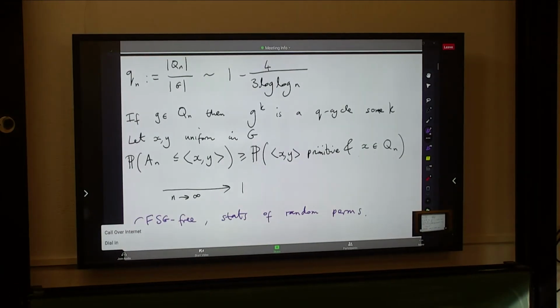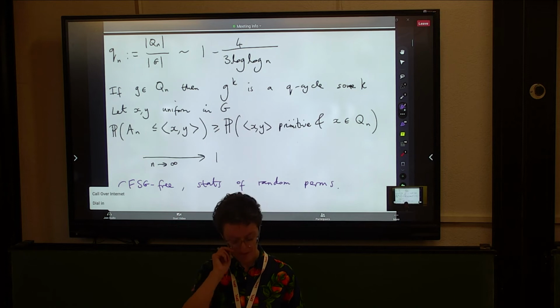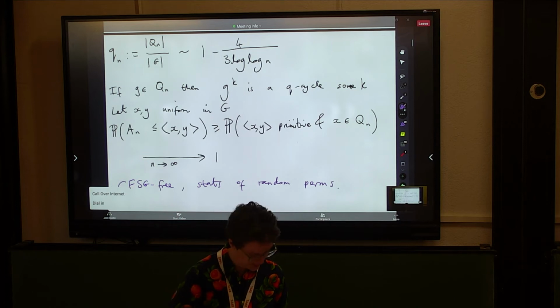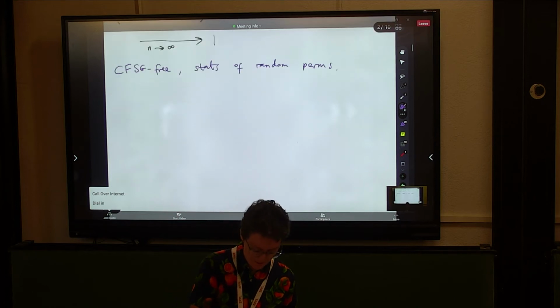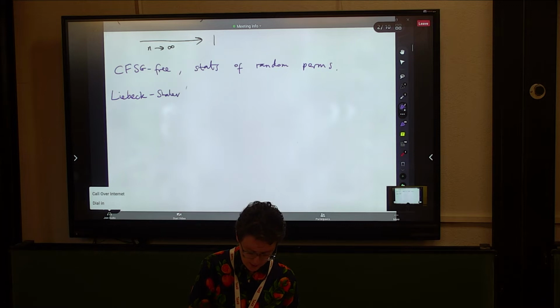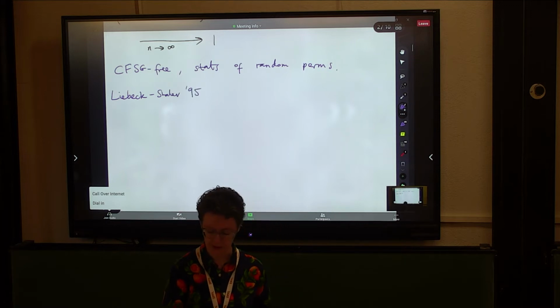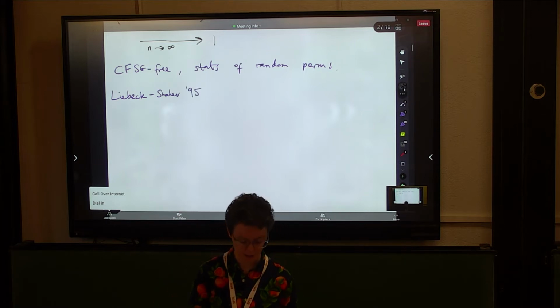So the next natural question is, can we replace A_n by just a finite simple group? And the answer is yes. So we had to wait a little bit longer to get this, because in 95, Liebeck and Shalev proved the analogous result.